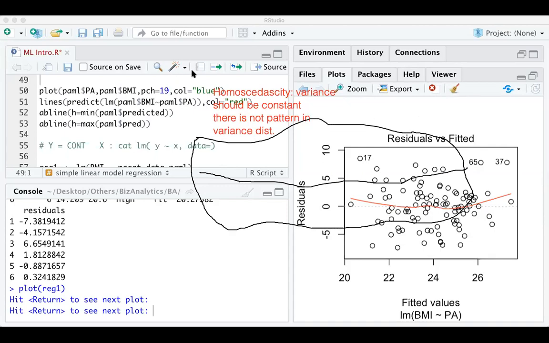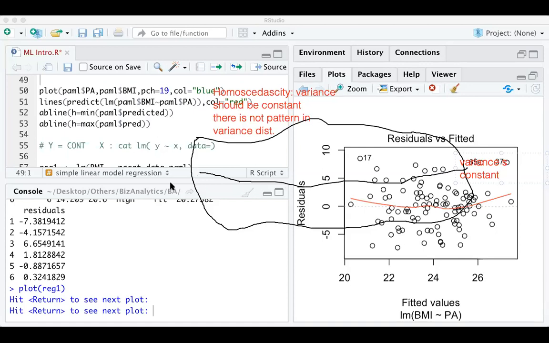So based on these two things, we can say this variance is constant. Variance is constant, right? So this is a very important graph to understand whether variance is constant or not. So how do you read the graph?